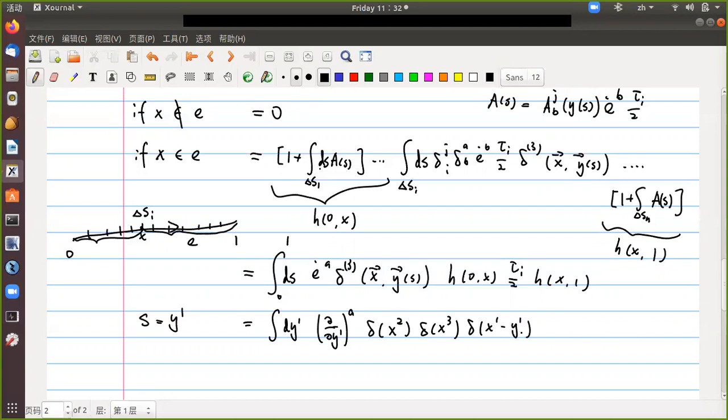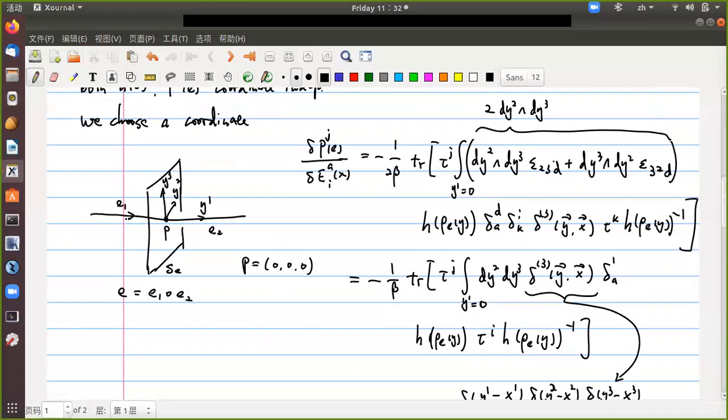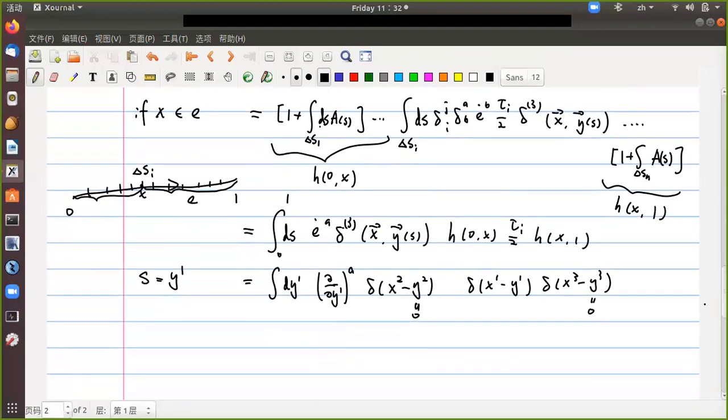Because here x and y, you write it as x1 minus y1, and maybe one step in between, x2 minus y2, x3 minus y3. But along this edge, y2 equals 0 and y3 equals 0. Look at this picture: along the edge, y2 and y3 are equal to 0.